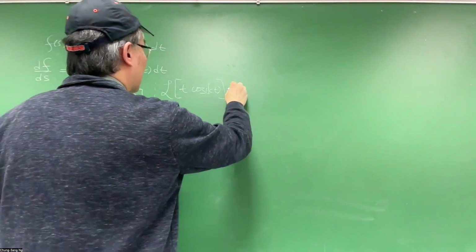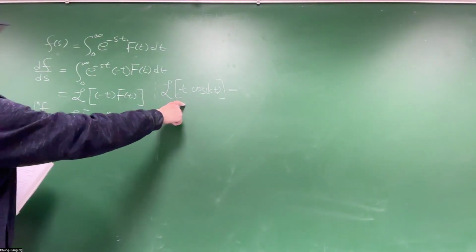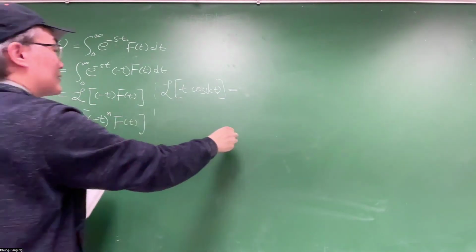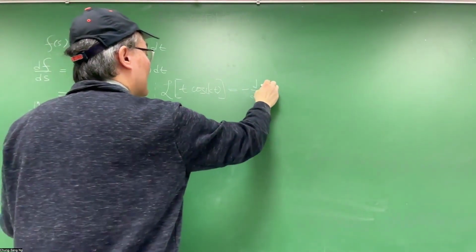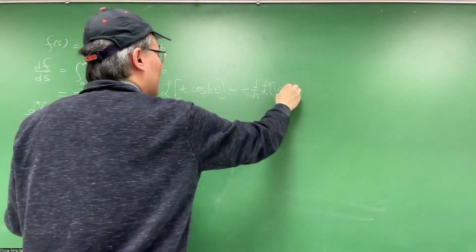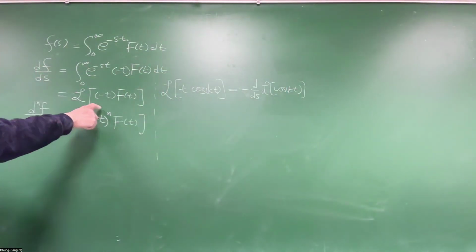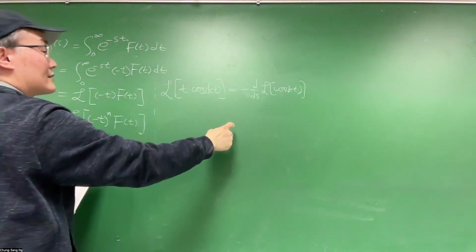This is like that one, except it doesn't have a minus sign, so you multiply by a minus sign on the other side. So this is minus d/ds of the transform of cosine kt. Just comparing this with that, the multiplier t involves a minus d/ds.